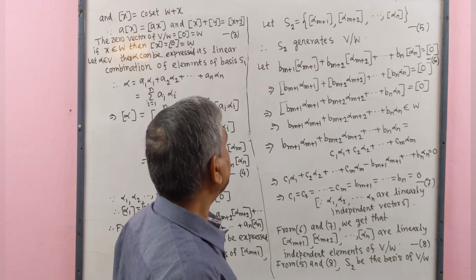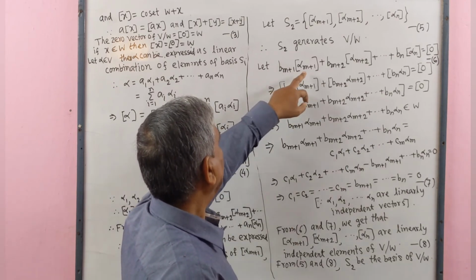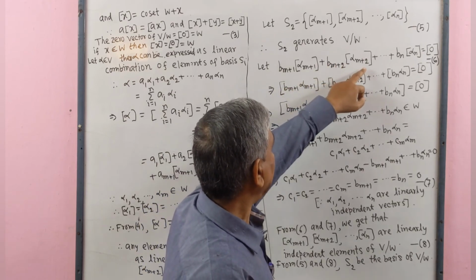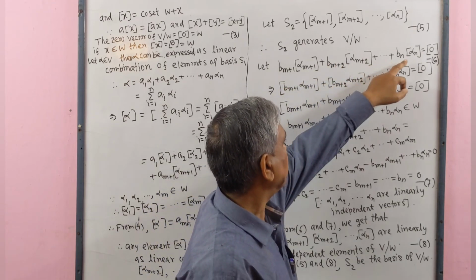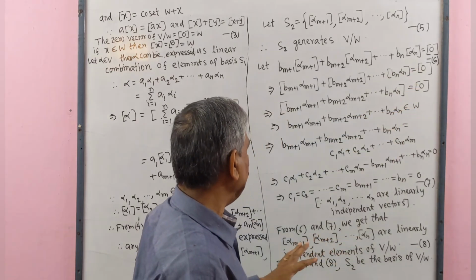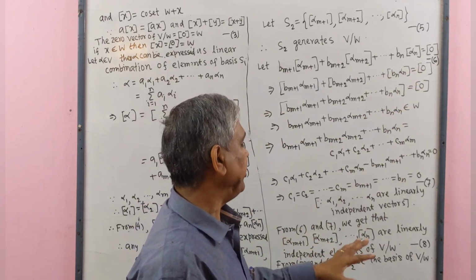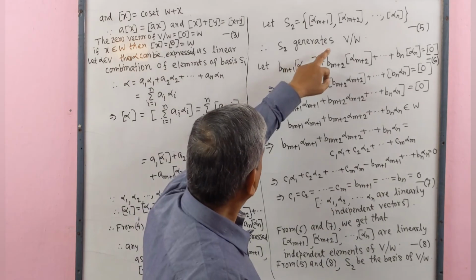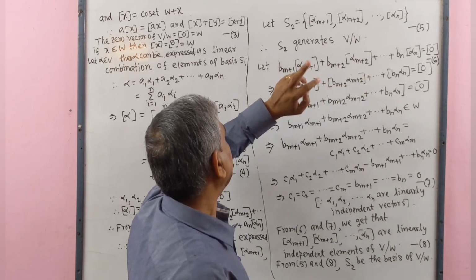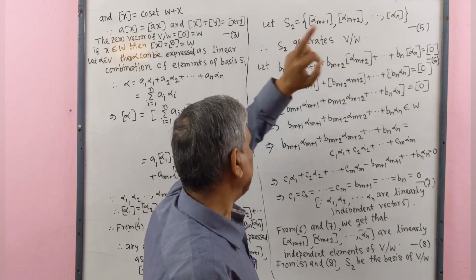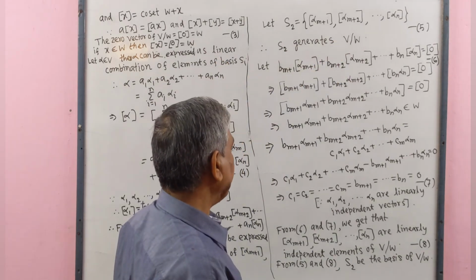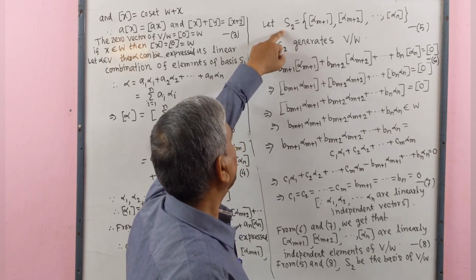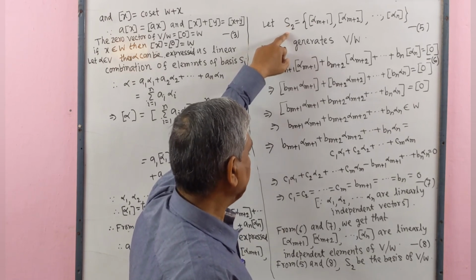This means that class alpha m plus 1, class alpha m plus 2, dot dot dot class alpha n are linearly independent elements of V by W. In 5 we have also seen that S2 generates V by W, and from 8, S2 is a linearly independent subset of V by W.